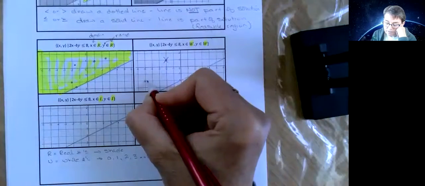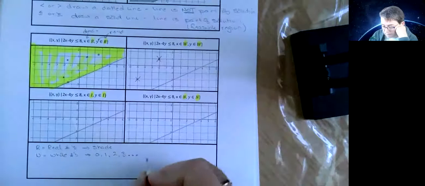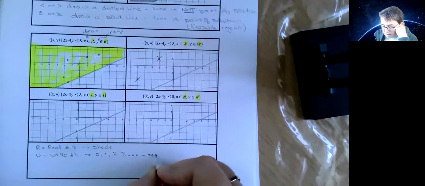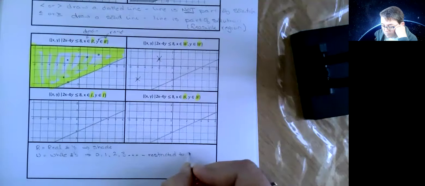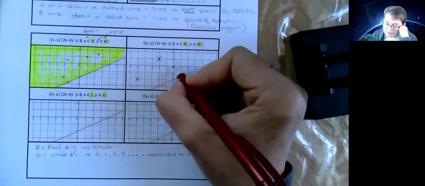Right down here, I don't know what it is, but those are no good. So with whole numbers, we're restricted to our first quadrant. So our answers have to be in here, and we're also not allowed to have partials.